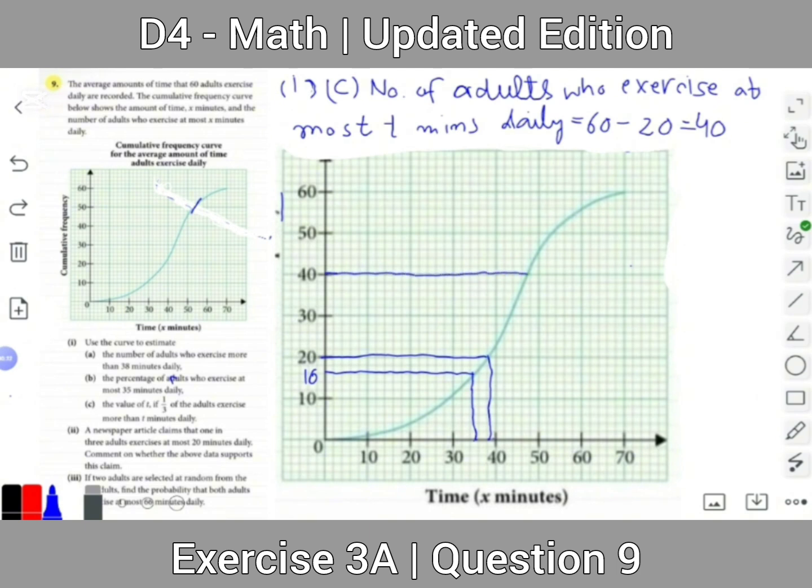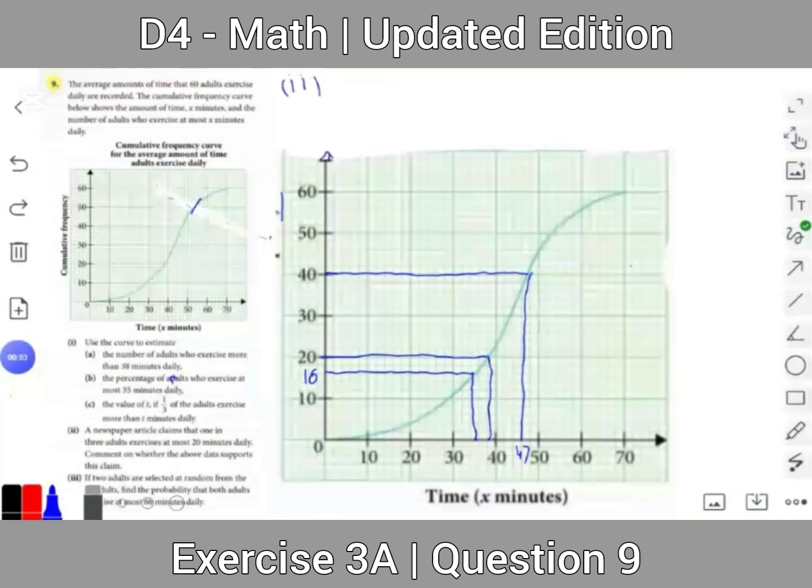Now from the point of intersection on the curve we will draw a vertical line until it touches the horizontal axis. So here we have the reading 40, 42, 44, 46, and up to something like 47. So the value of t is equal to 47 from the curve.